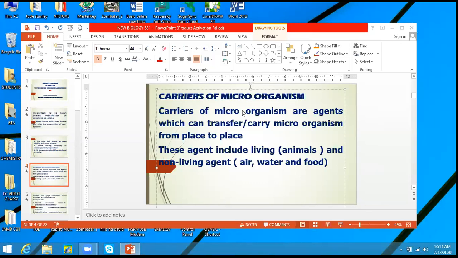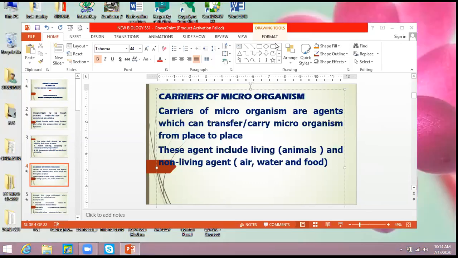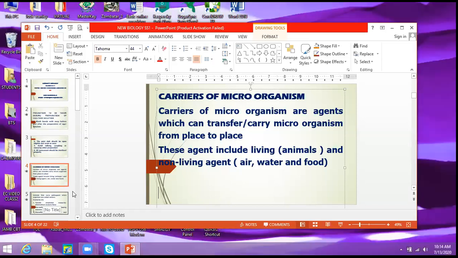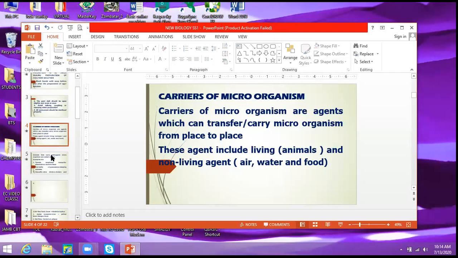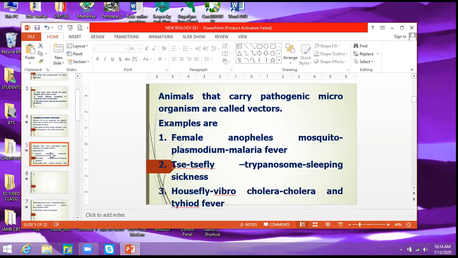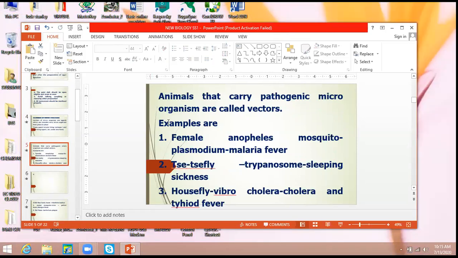Now, let's look at the other aspect. I said that carriers include living and non-living agents. Now, animals that carry pathogenic microorganisms are called vectors.